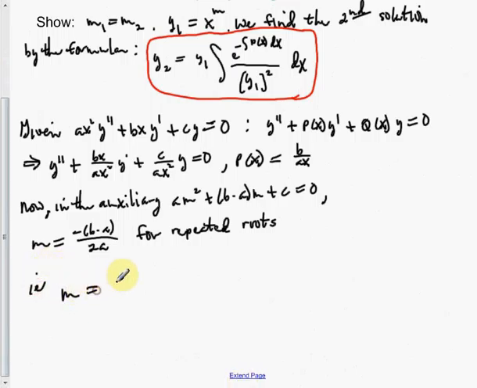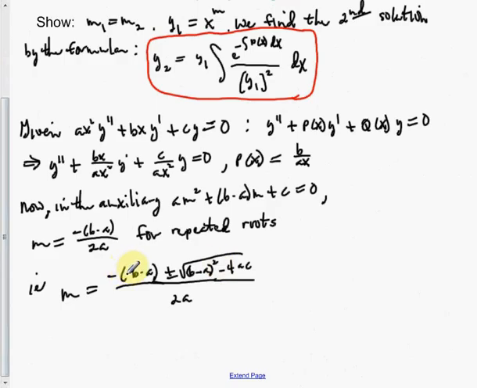That is, m is equal to negative b minus a plus or minus the square root of b minus a squared minus 4 times a times c, all over 2a. But if it's repeated roots, the discriminant is equal to 0, right? The radical is 0.